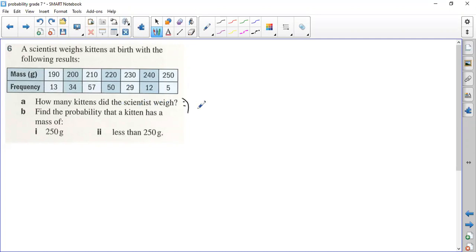So I have to add 13 plus 34 plus 57 plus 50 plus 29 plus 12 plus 5.